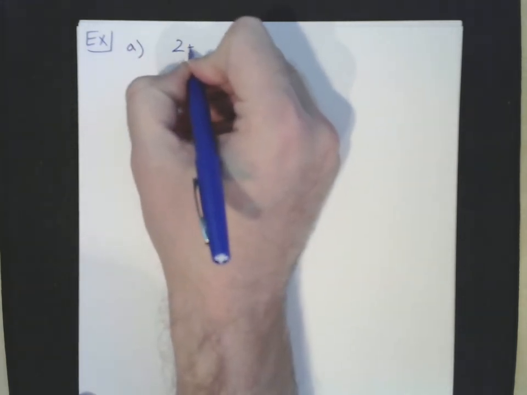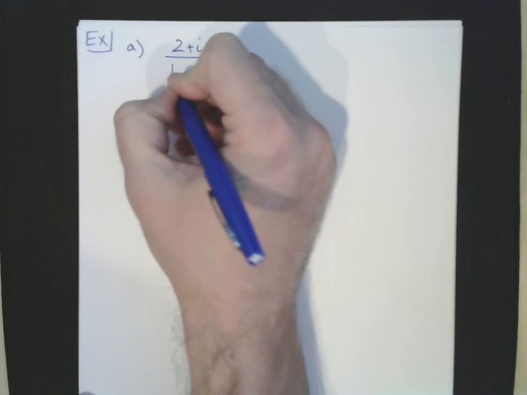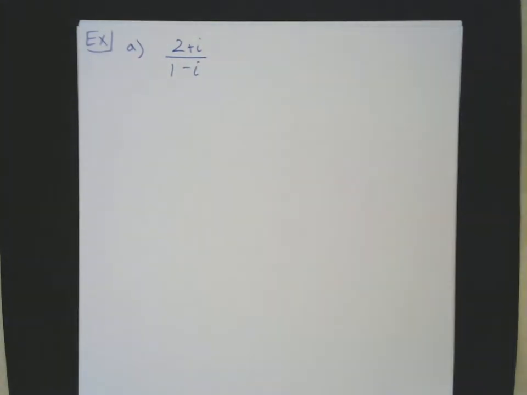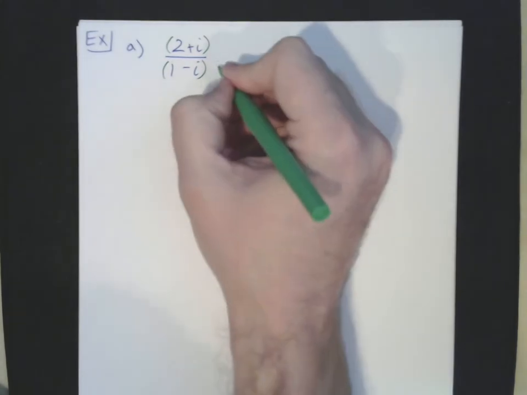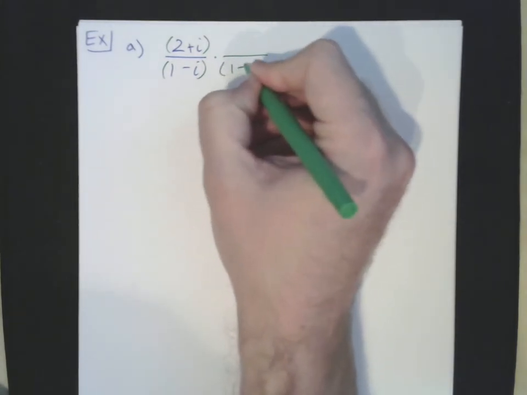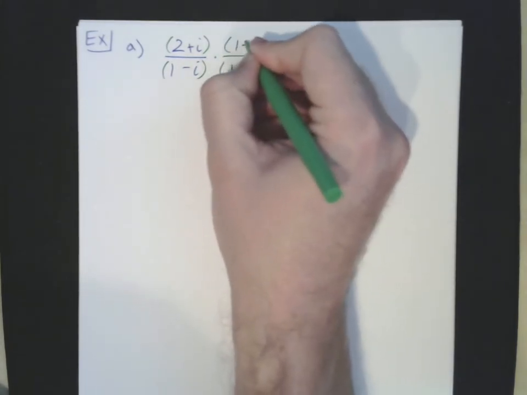So let's start with 2 plus i over 1 minus i. So our complex conjugate, grouping these up, is going to be 1 plus i and 1 plus i.